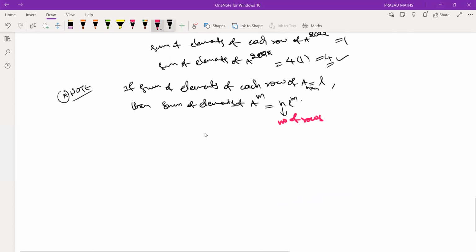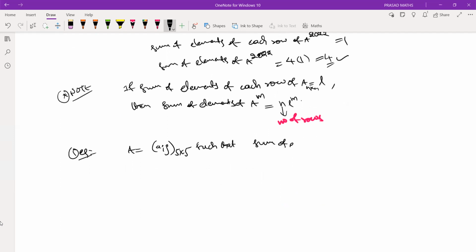Suppose you are given a question like this. Suppose A is a matrix of 5 by 5 such that the sum of elements of each row of A is 2.